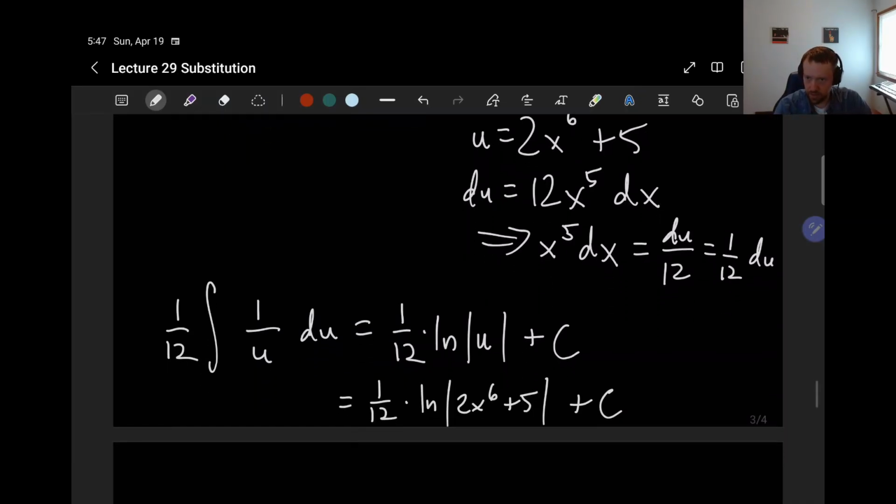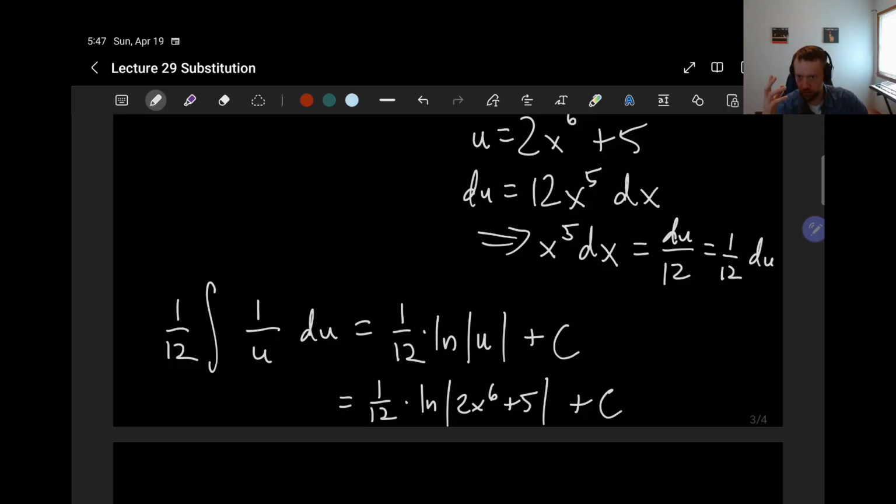And one last thing. I'm not a huge fan of the absolute value bars with the ln. I mean, sometimes they're necessary, but in this case, they're really not, because notice that whatever number I plug in for x, I'm guaranteed to get a positive outcome. So we're taking it to an even power, and we're even adding a positive number to that.